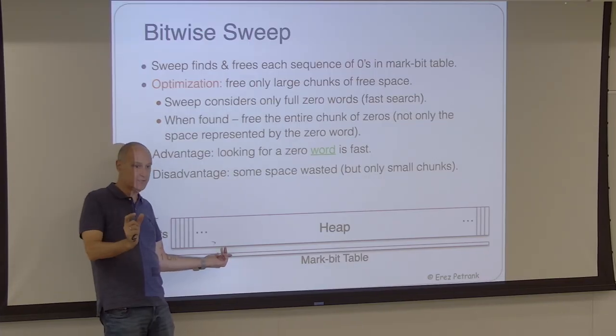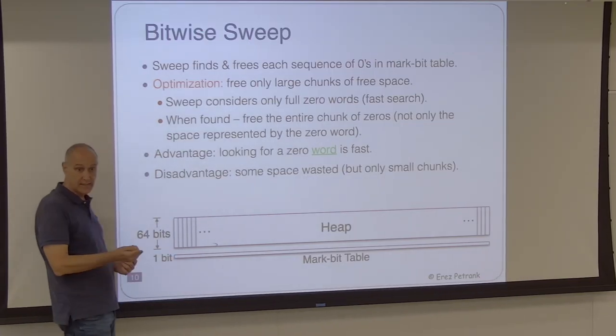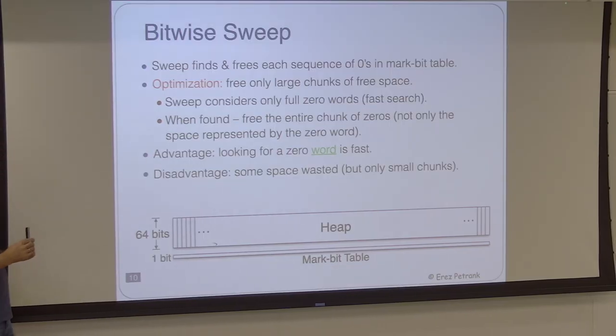This is like free space. So you find the one, and then you look at what it represents. You have the heap, you have here the mark bit table, you find here a one, you find here a one. So you say, this one corresponds to an object. Let's look at its length. And then from here until the next one, this is the free space, right?